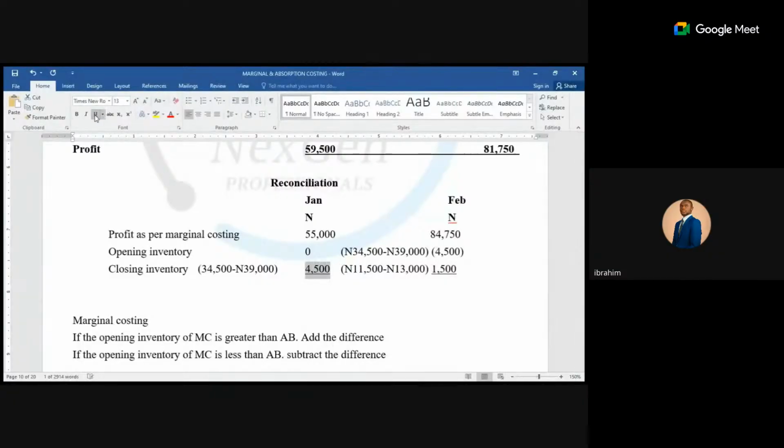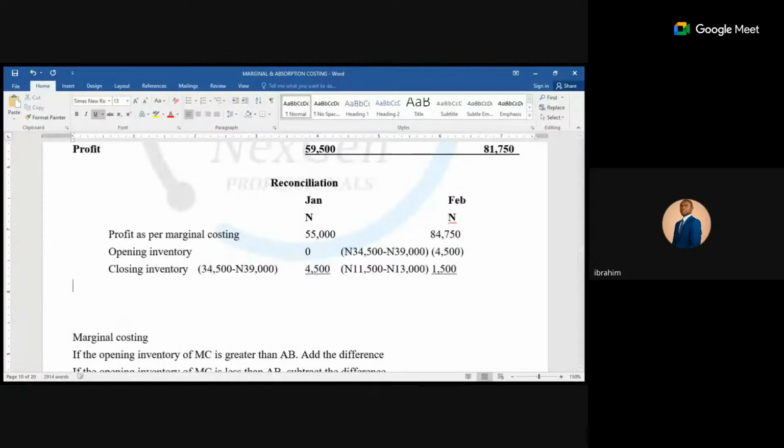So what is our profit as per absorption costing? If your reconciliation did not balance, that means that what you did in the calculation is actually wrong. You have to go back and check what happened.